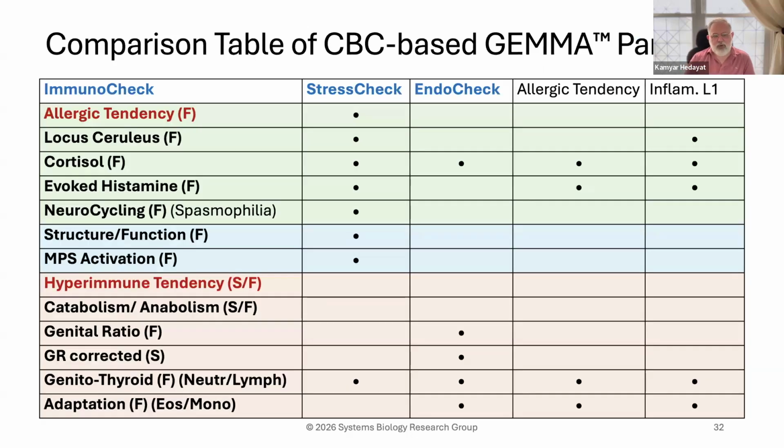Here's a summary of all the indexes that you'll find in ImmunoCheck, and they're color-coded according to the three groups, the three sections of the report analysis. In green, you have the allergic tendency index, and then you have the individual indexes which went into determining the allergic tendency and help you determine those phenotypes.